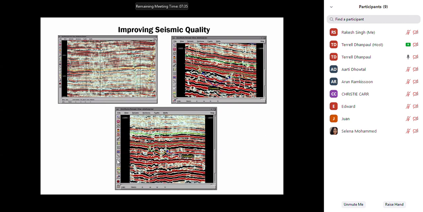Some other examples of improving seismic data quality, where you can actually now see what I interpreted as the erosional base of channel features. And these are very important, because with these channels you have to think about scale and the potential for these channel features to have reservoir in them.